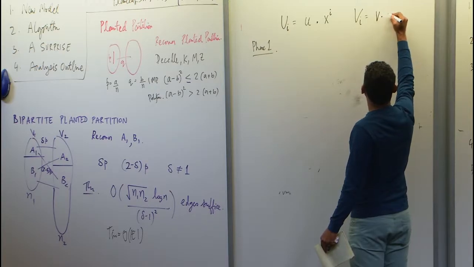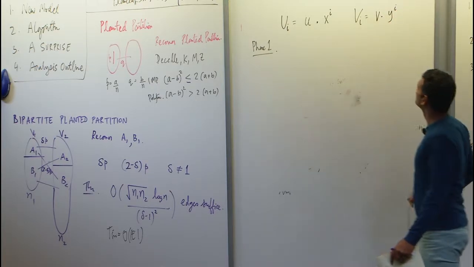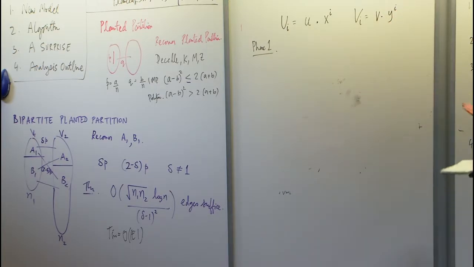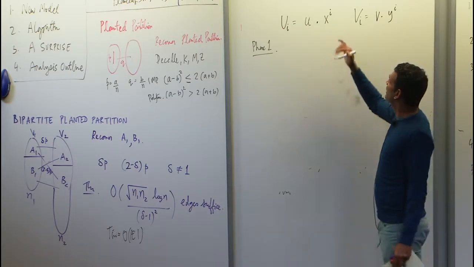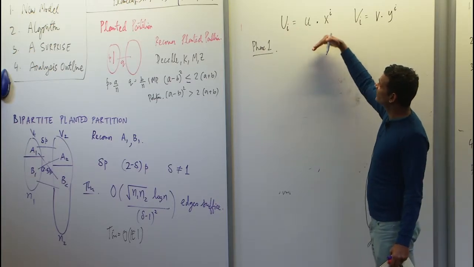V dot yi. So the vectors we have in the algorithm are xi and yi. U and v are the true plus or minus 1 vectors denoting the partition, and this is the inner product. We'd like both of these to be very high in magnitude.